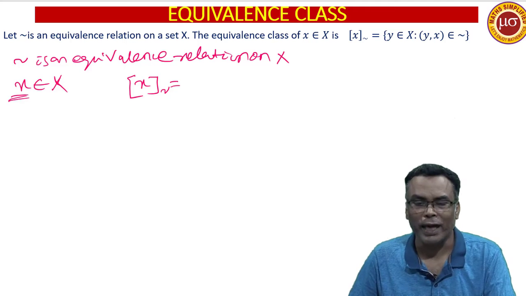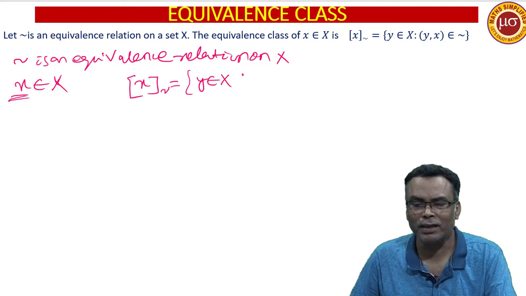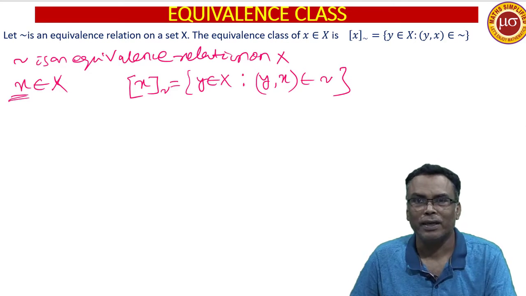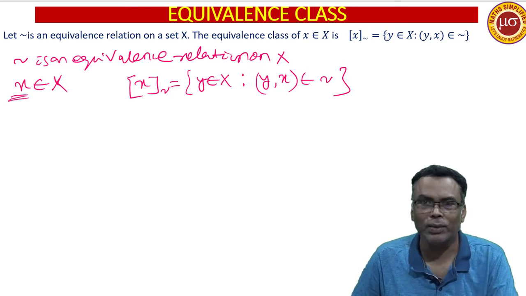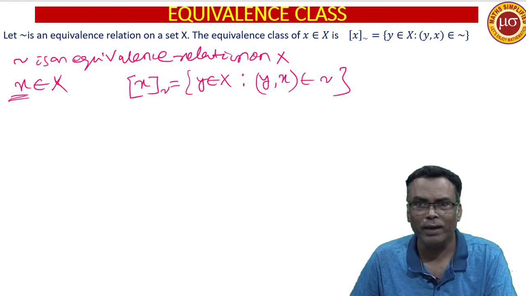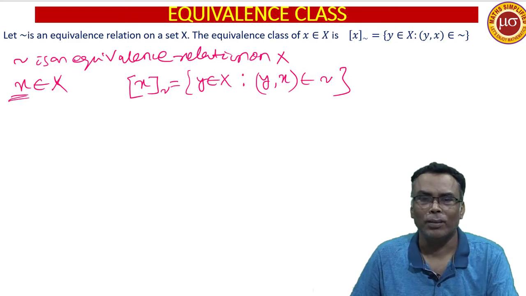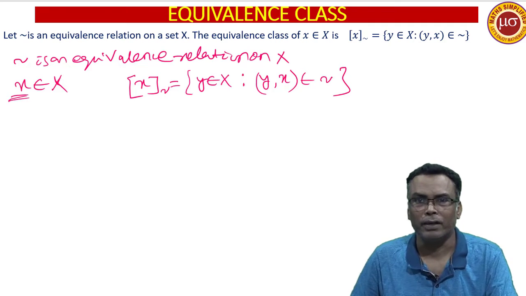So we write it is the set of all y in X such that y is related to x by relation wiggle. I think you understood this. Equivalence class means all elements related to x. That is the equivalence class of a particular element.